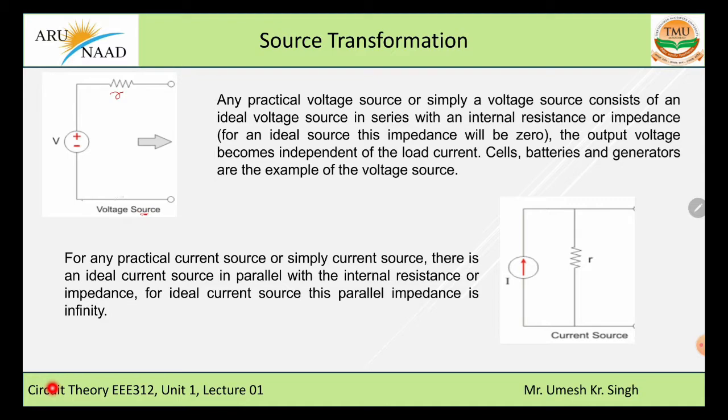For the practical source, this value will be very small. Now the current representation can be shown in the figure. The current is represented as a magnitude of current and a resistance connected in parallel to this current source. So these are the representations.